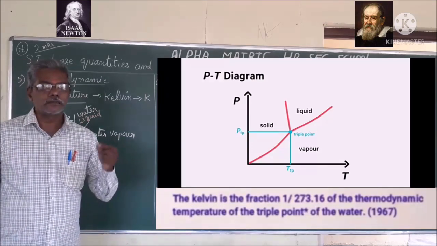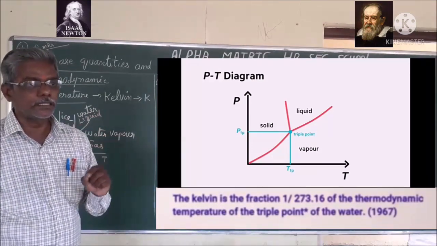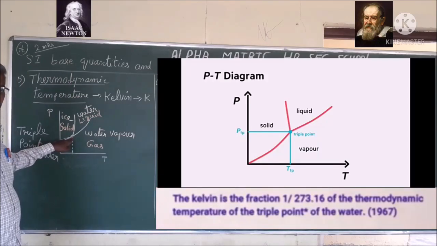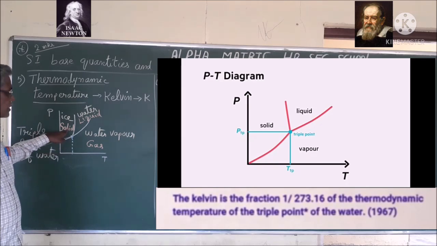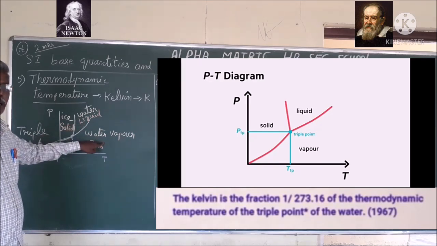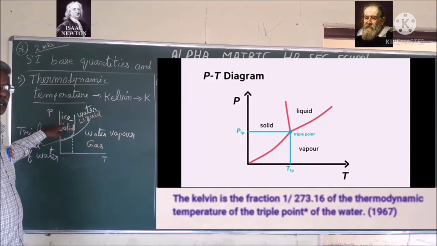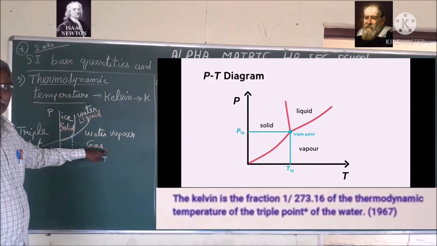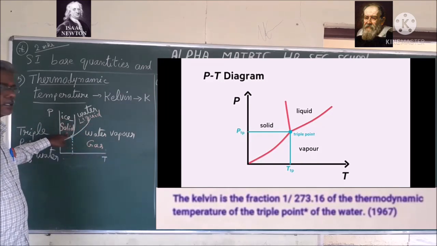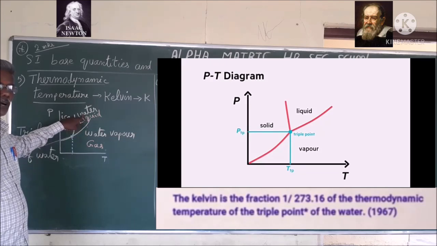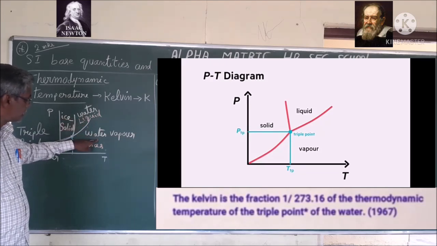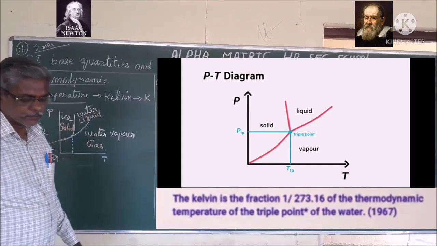These 3 curves meet at one particular point, which we call the triple point of water. This is the solid state, liquid state, gaseous state. For example, ice, water, water vapor. Solid means ice, liquid means water, and water vapor means gas.